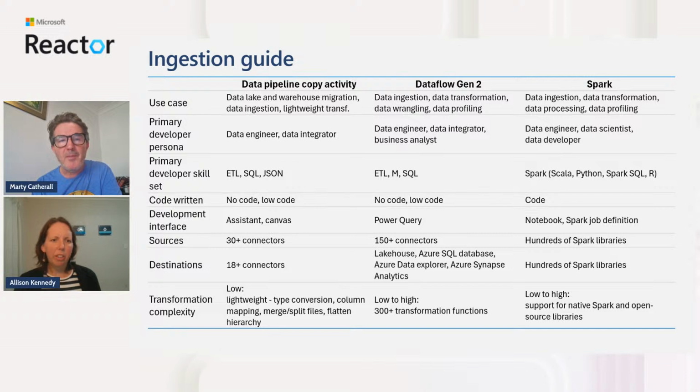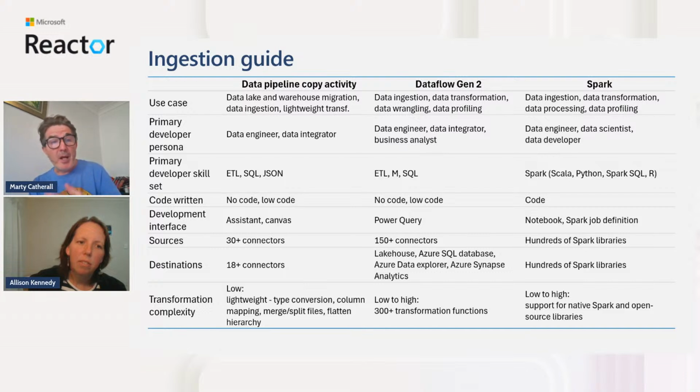Because you've got the Python and the R capability built in. Yes, definitely. We said Spark here, but when you create a notebook, you have the opportunity to use PySpark or Spark SQL, and you can also use R and Scala as well. So you've got a variety of languages that you can use.